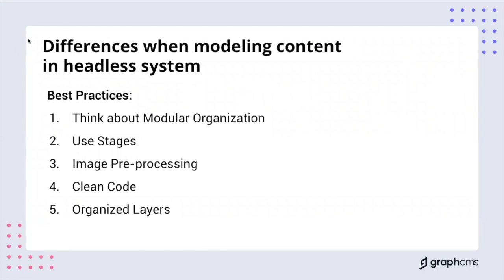Yeah, so I think the stages and the image pre-processing are the ones that are more specific to using GraphCMS. I think in general, it's nice that GraphCMS is flexible enough to allow us to use the other clean code stuff. But for the image pre-processing, we noticed GraphCMS has great tools for pre-processing images, and also for getting images that are the right size.